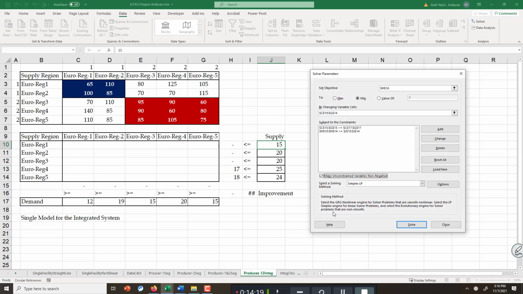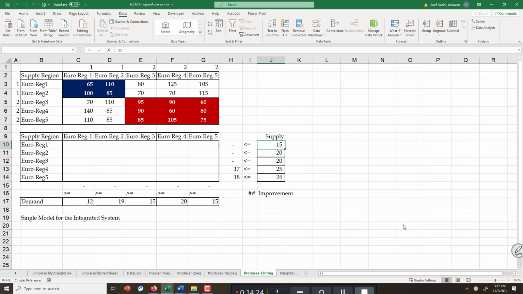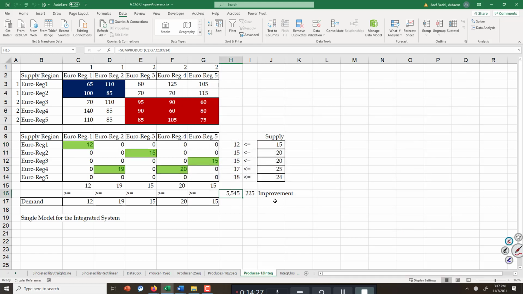Okay, all decision variables to be greater than or equal to 0. Solve.